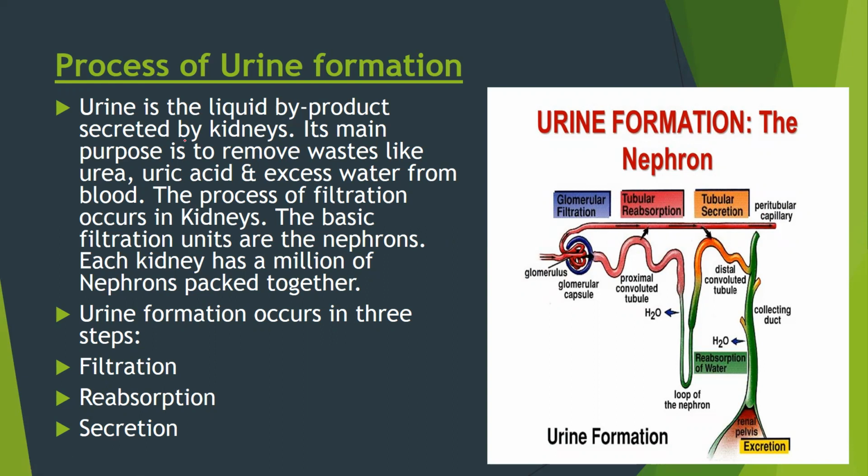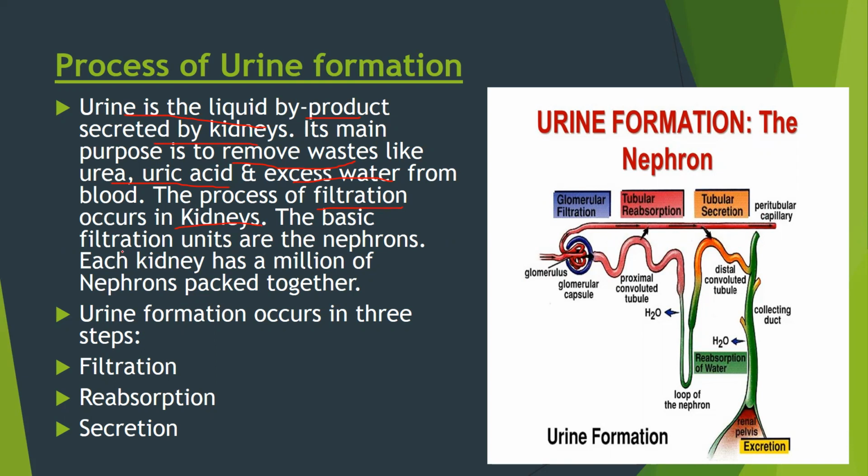Now, what is urine? Urine is a liquid, a byproduct that is secreted by the kidney. The purpose of formation of urine is to remove waste like urea and uric acid and excess water which is present in the blood. In urine formation, the kidneys undergo filtration.